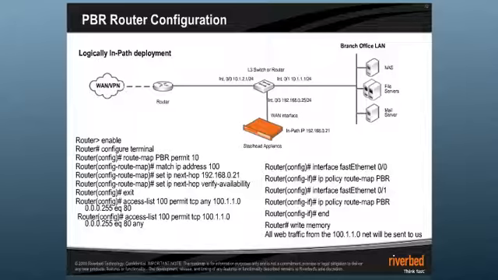Then we go into the interface on FE00 and tell it to use the route map that was defined, and then we do the same thing on FE01. As I mentioned, all of the web traffic, the port 80 traffic from the class C 100.1.1.0 subnet and the return traffic will be redirected to the Steelhead.